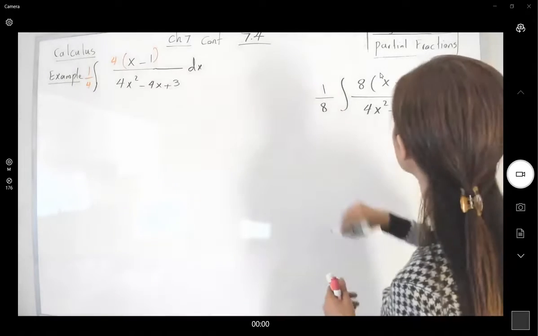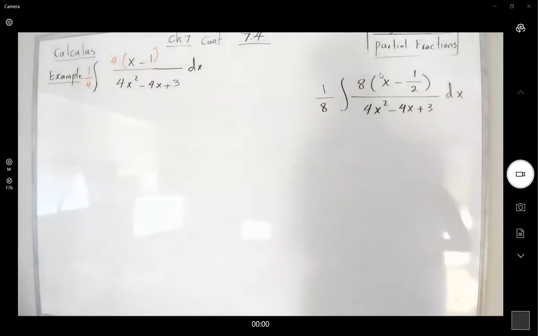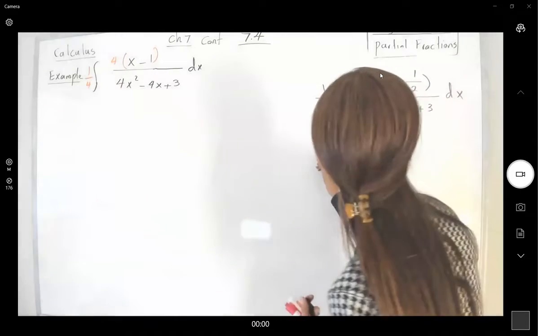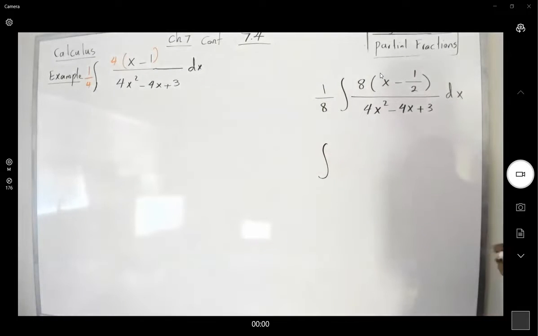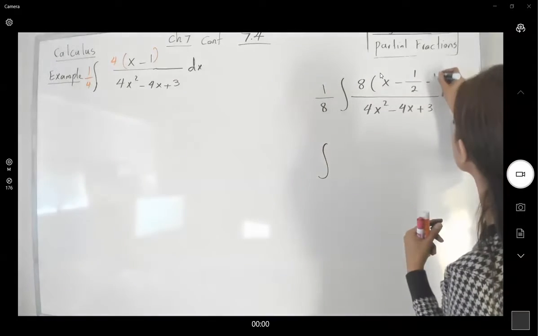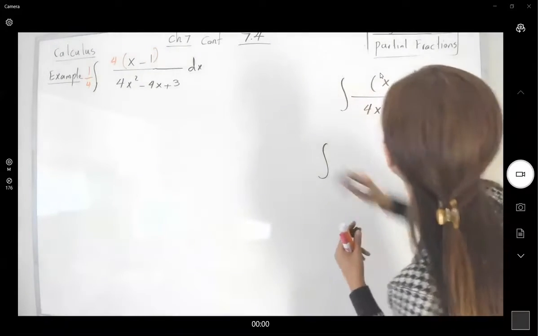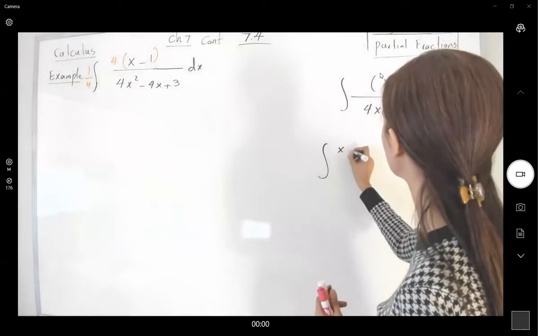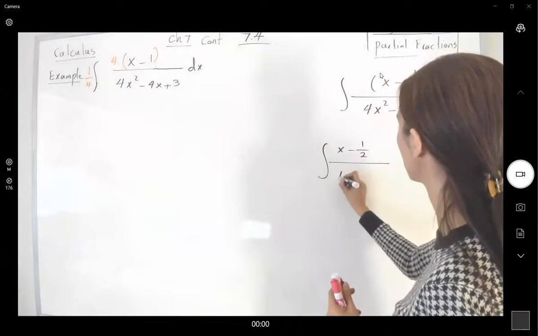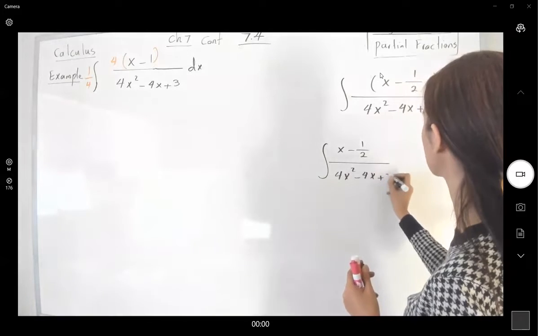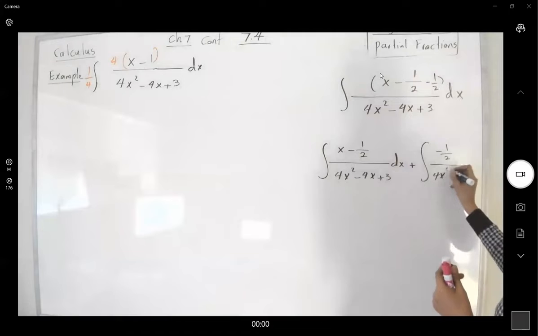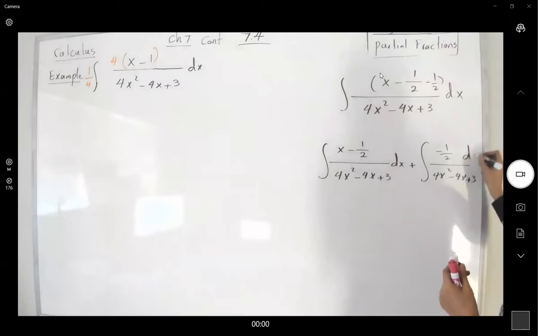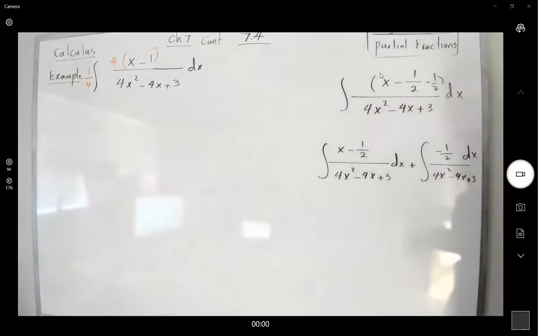And then we can separate this: the integral of x minus a half divided by 4x squared minus 4x plus 3 dx plus the integral of negative a half over 4x squared minus 4x plus 3 dx, and start dealing with these two integrals separately.